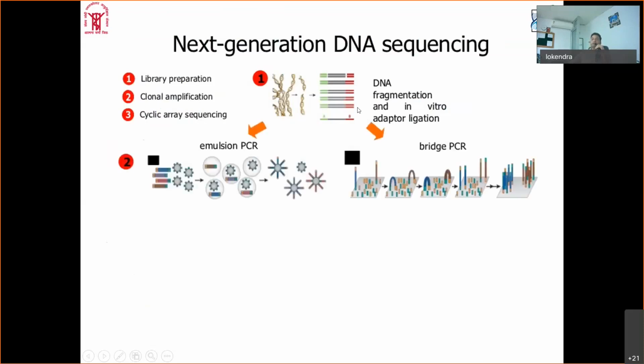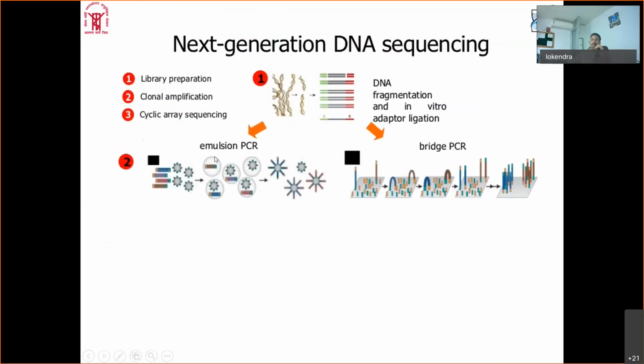Either through emulsion PCR. First you make DNA fragments and do adapter ligation, and these adapter-ligated molecules can be put in a bubble-like structure, or oil emulsion, for PCR, in which each individual fragment goes to a specific emulsion.